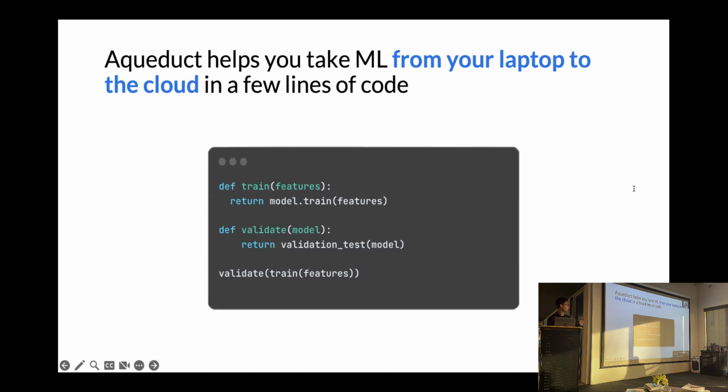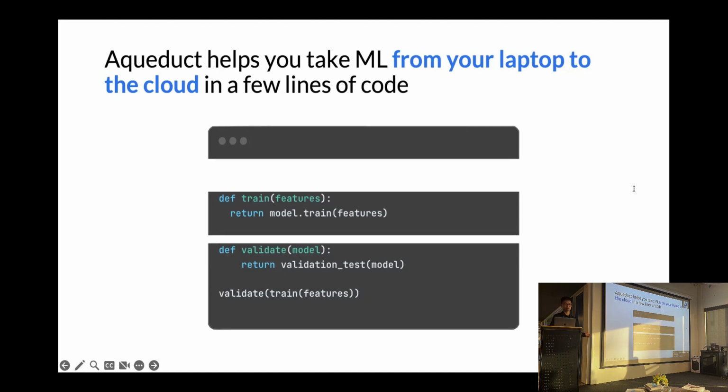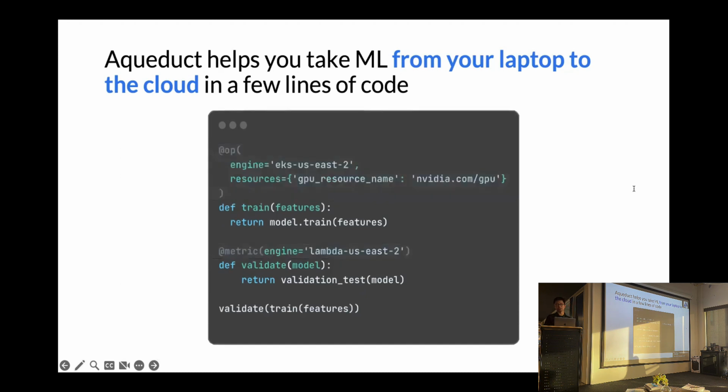So let's say we want to run this train function in a Kubernetes cluster with a GPU, and the validate function in a serverless framework like AWS Lambda. With Aqueduct, all you need to do is decorate your function like this. We use the op decorator for the train function to indicate we want it to run in our AWS EKS cluster, and that this operator requires 1 GPU resource.